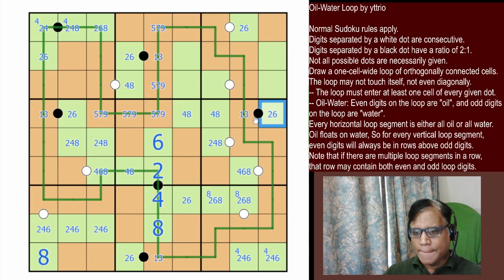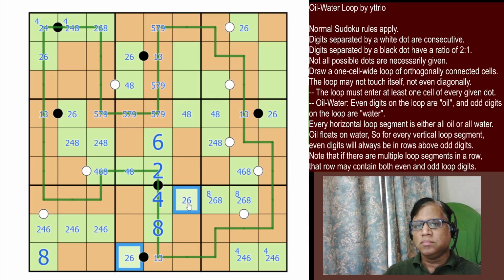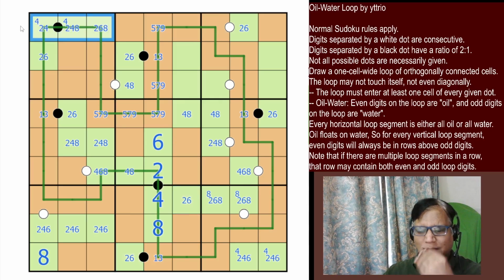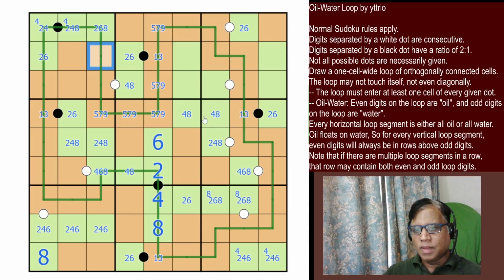Will it help? 2 6, right? Yeah, but this is 2, right? So let's try that. I think that's the only option I can think of.